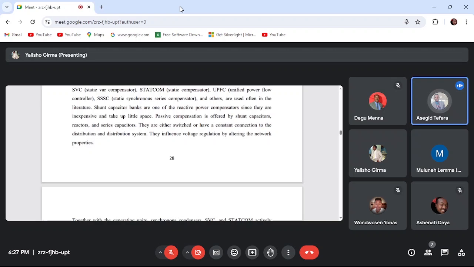So we improve by using this reactive power only. All that are mentioned above are already improved.